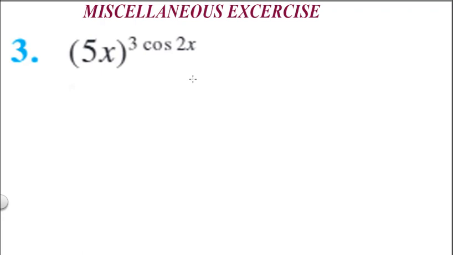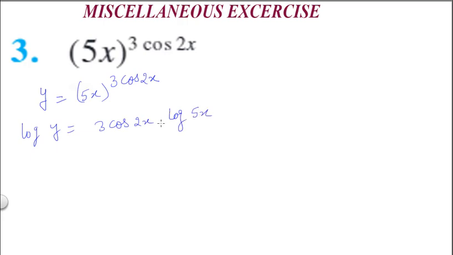We have to find dy by dx in this. So we will assume y is equal to (5x) to the power 3 cos 2x. Clear? Now as we see it is a function to the power of a function, we can take log on both sides. We get log y equal to 3 cos 2x times log of 5x.